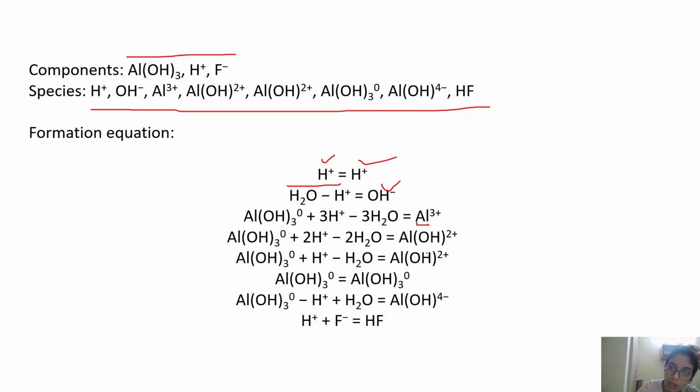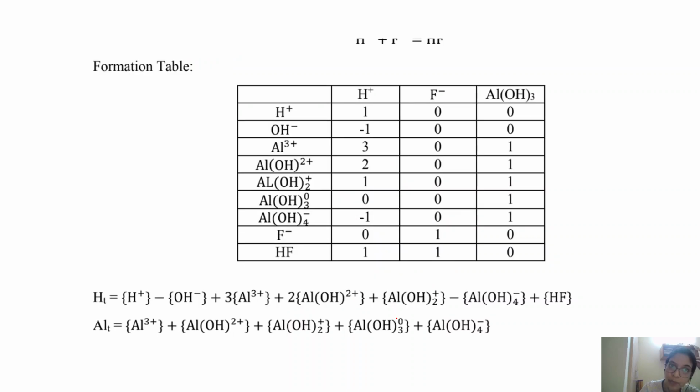So you can see all the species are prepared by using these components plus H2O or subtracting H2O. So this is the formation table. We are using just 3 components to make all these species.